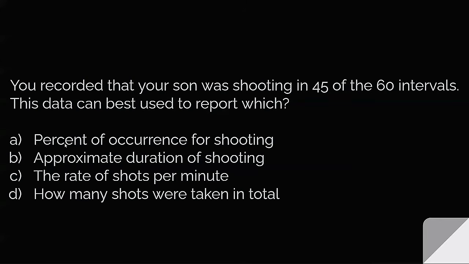I think it depends, because we're all told partial interval recording tends to overestimate, and whole interval tends to underestimate, and that's generally true. That's generally true of duration specifically, but you just want to look at the situation, because this is kind of the opposite.